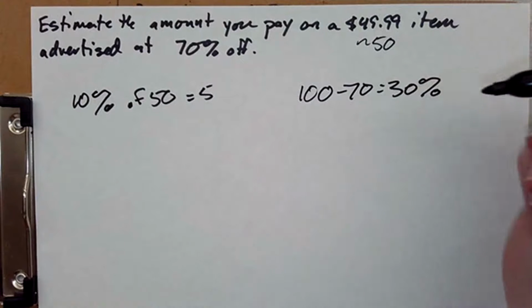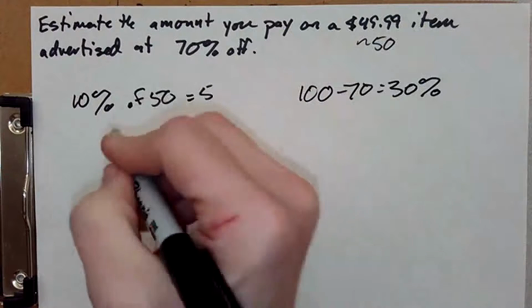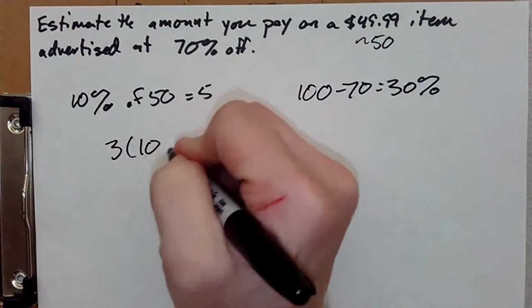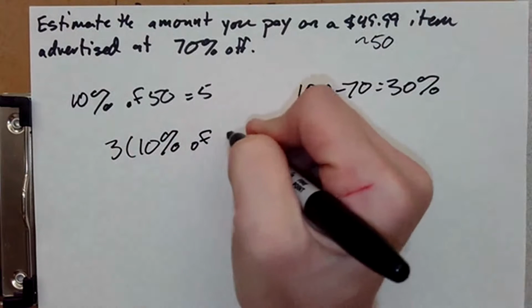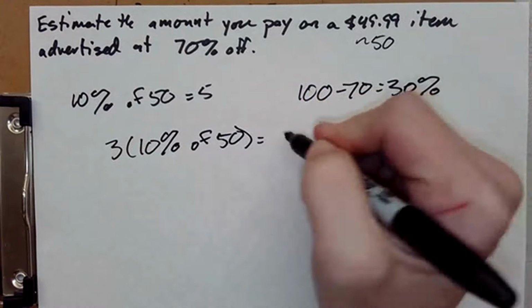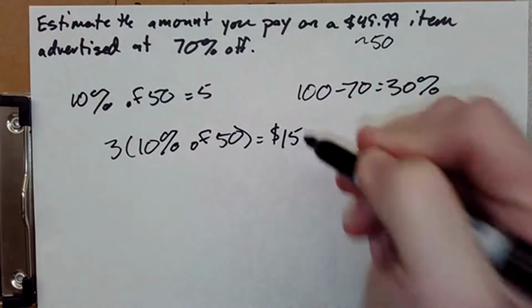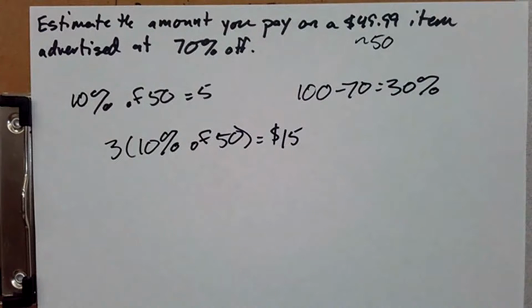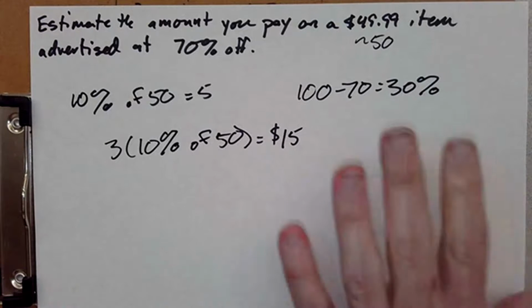So 3 sets of 10% is $15, which is exactly the value we came up with before. They would probably mark it down to $14.99 in the other case, but this is a good estimate for us.